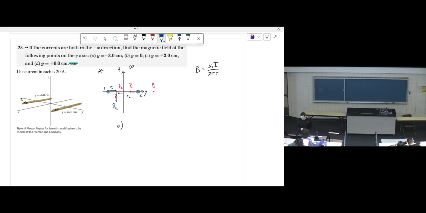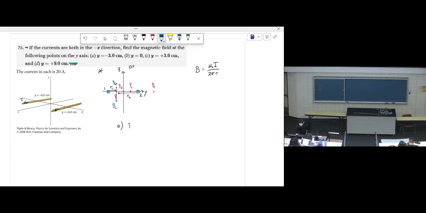Now what about from the current on the right, wire 2, at point A? In what direction is the magnetic field for that one? It's going to be up, and it's going to be in lesser magnitude because it's further away. So this would be BA2.